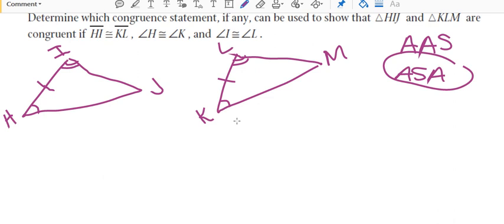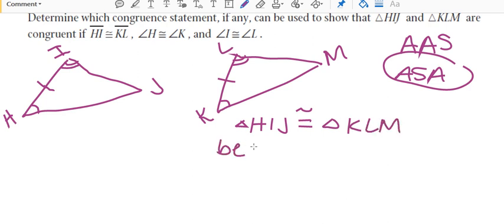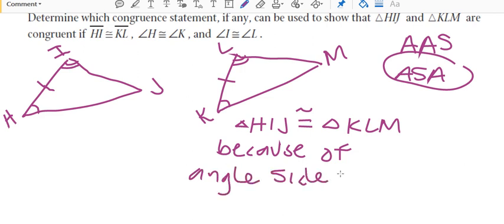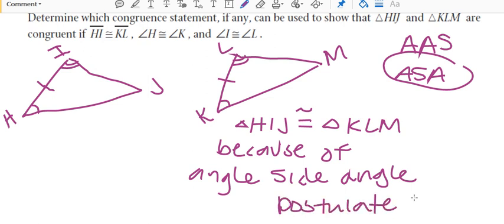And so now I'm able to state that triangle HIJ is congruent to triangle KLM because of the angle, side, angle postulate. So again, you want to think about the information that you have there, and then you want to use that to justify whether or not the triangles are congruent or not.